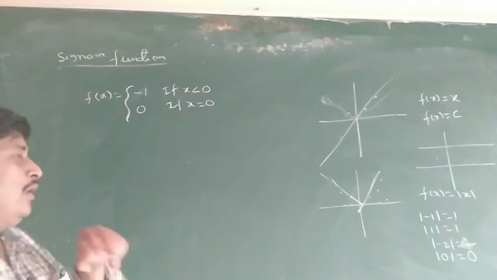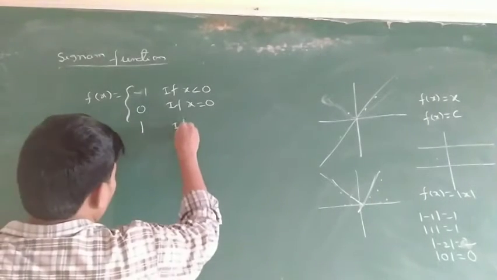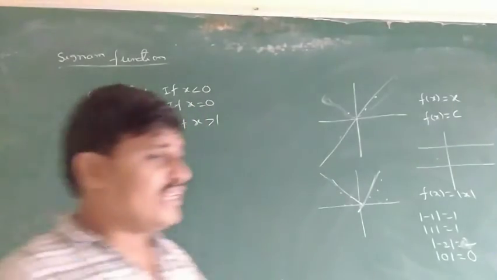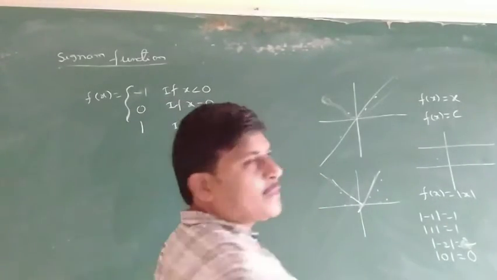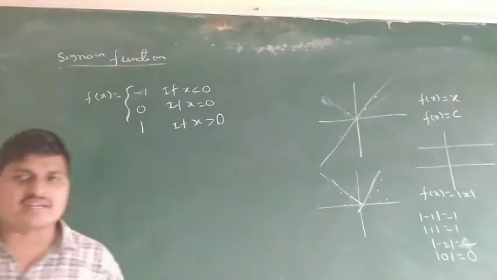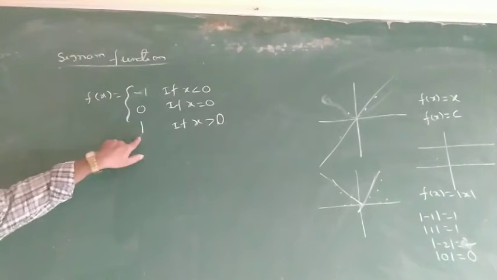You take x as 0, the result is 0. Next, plus 1 if x is greater than 0. You take any positive value, 1, 2, 3, 4, 1 lakh, 2 lakh or any number, the final result is 1.